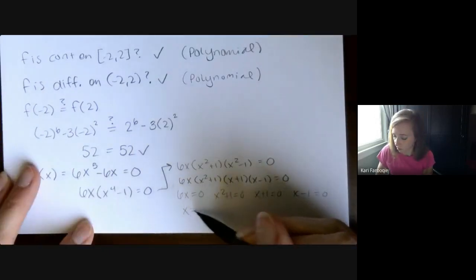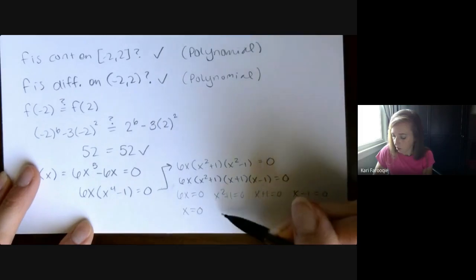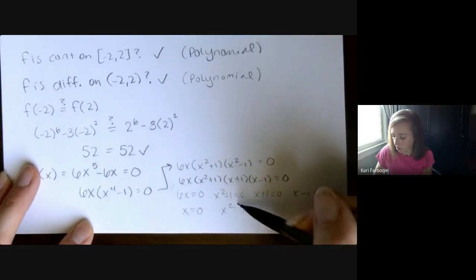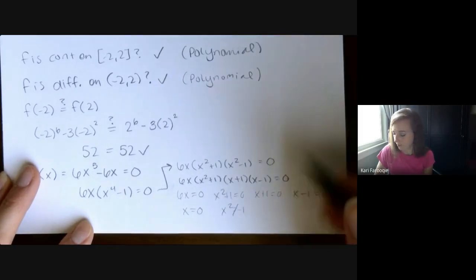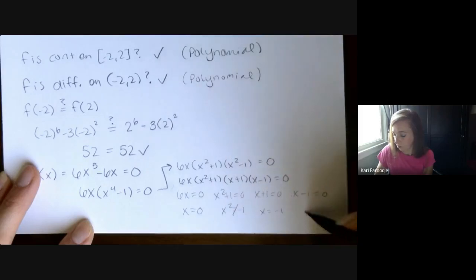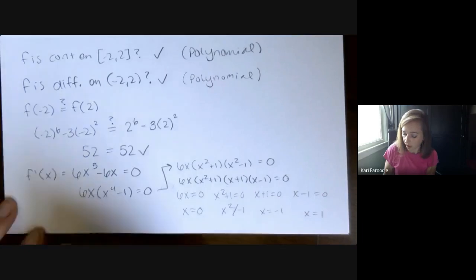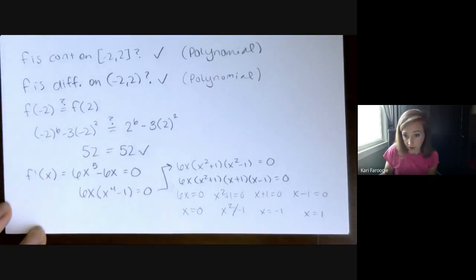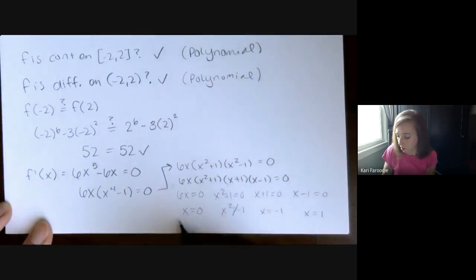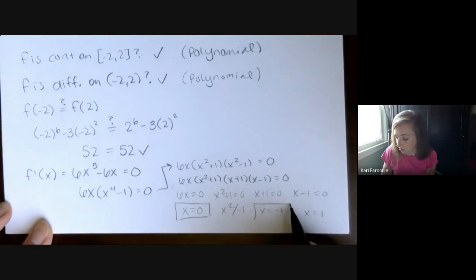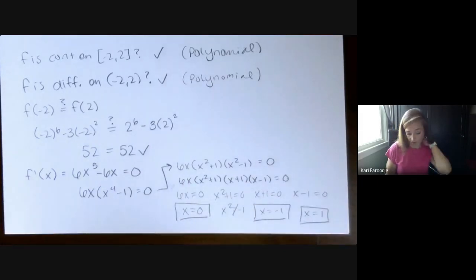And I get x equals 0. This one, x squared equals -1. You can't use that. X equals -1 and x equals +1. So we actually have 3 places in our interval from -2 to 2. One of them is 0, one of them is -1, and the other is +1. We have 3 places where we would see that we have a horizontal tangent line.